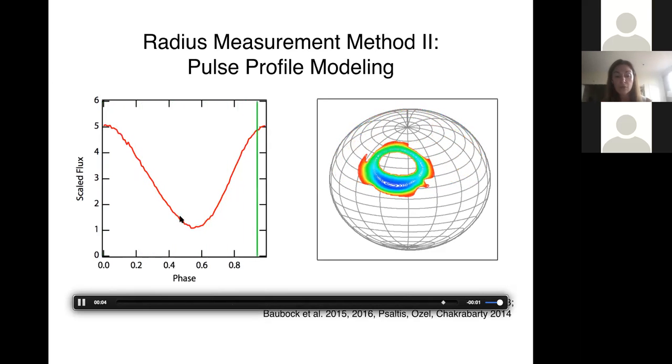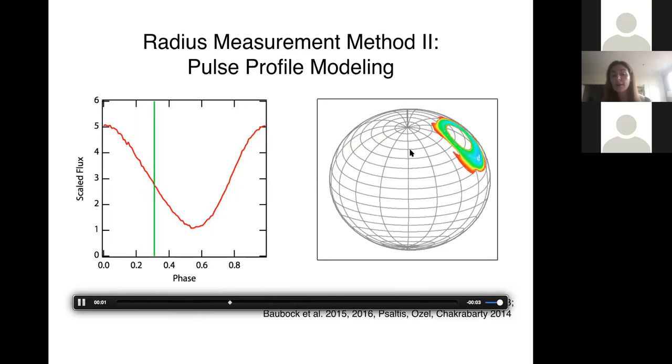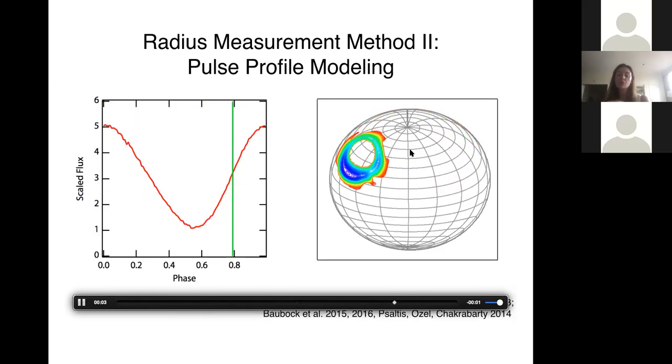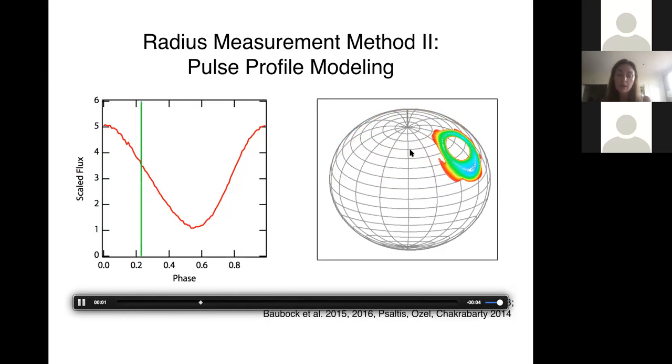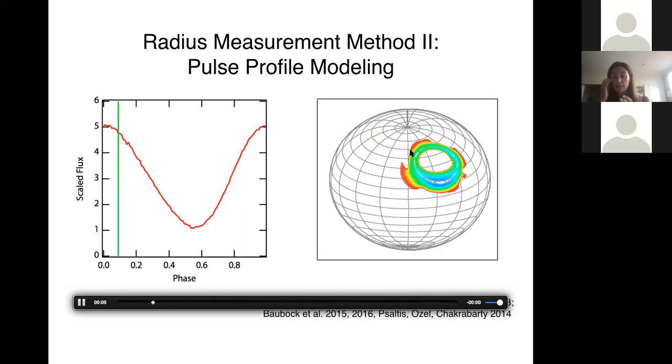If you look at this pulse profile, because the emission that originates from the surface is again lensed by the neutron star itself, you can get a combination of the mass and radius, or the compactness of the neutron star, through this method.